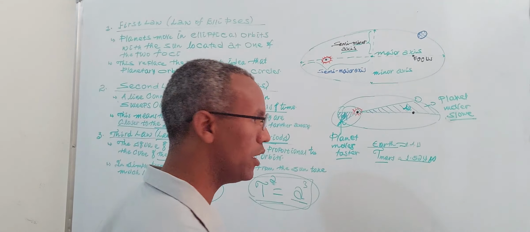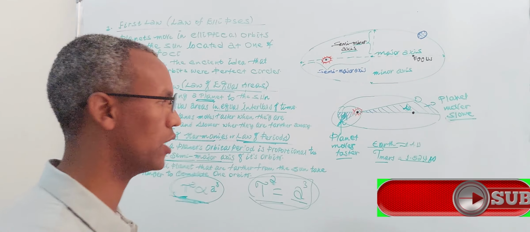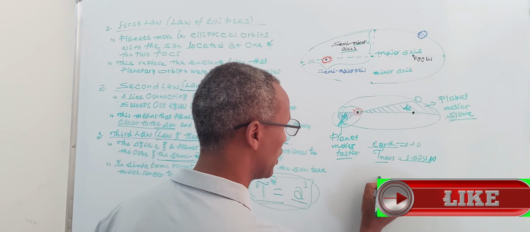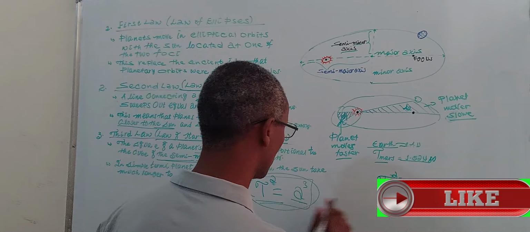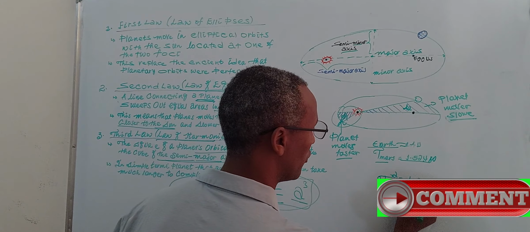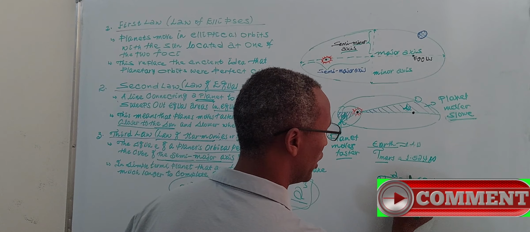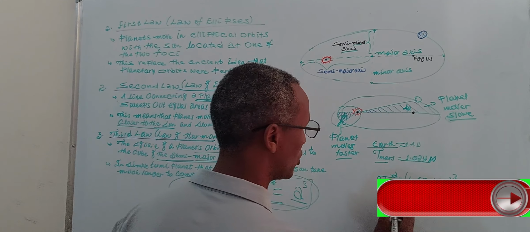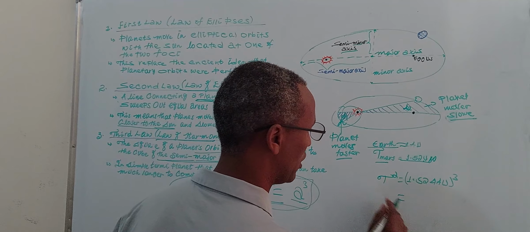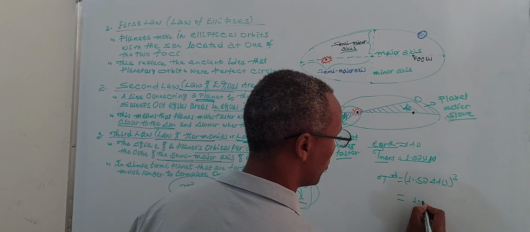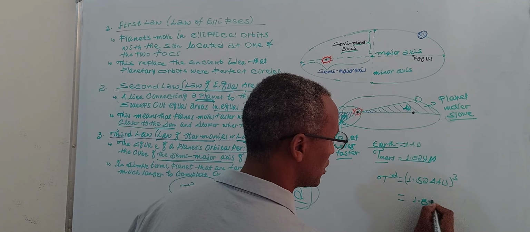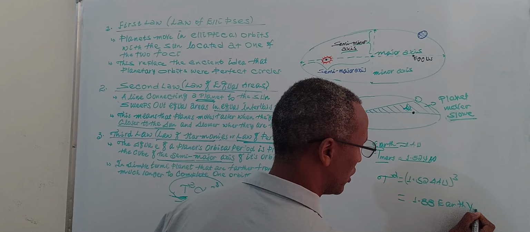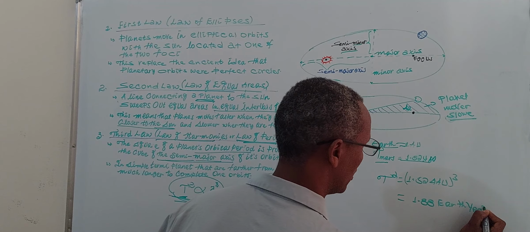To find the orbital time period, you can use this formula: T squared is equal to the cube of 1.25 astronomical units, so you will get 1.88 Earth years.